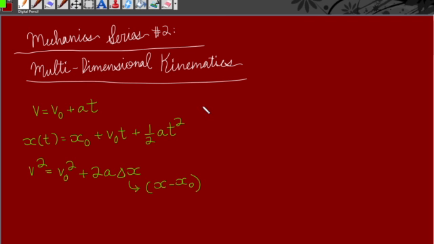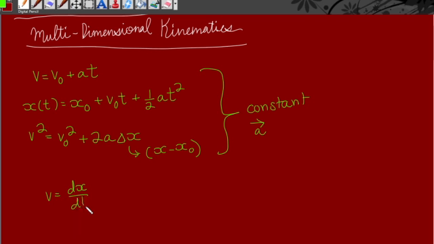And it's important to remember that all three of these only work if we have constant acceleration. So if the acceleration is changing, you would have to resort to calculus, which says that velocity is basically just a change in position with respect to time, and acceleration is just a change in velocity with respect to time.